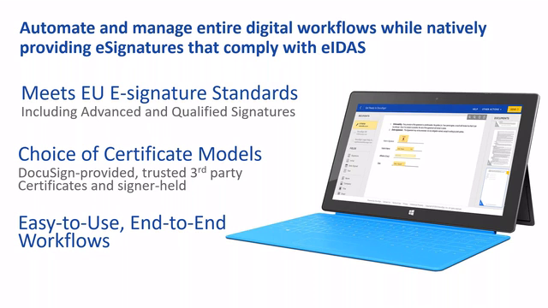With them we can offer solutions for our customers, and also signer-held solutions where needed. At the end of the day, the idea is to offer our customers an easy-to-use end-to-end workflow with the highest level of security and the highest level of legal bindingness.